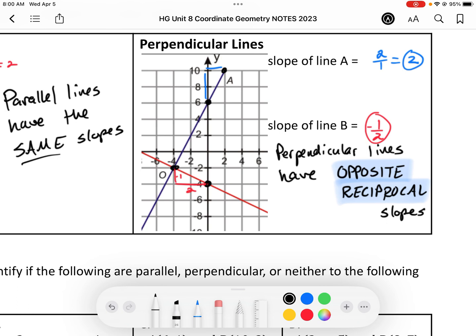Opposite means from positive to negative or vice versa. Reciprocal means you flip the fraction. So from A over B to B over A. So if I have two slopes where one is positive, one is negative, and one is a flipped fraction of the other, we say they are opposite reciprocal slopes, therefore the lines are perpendicular.